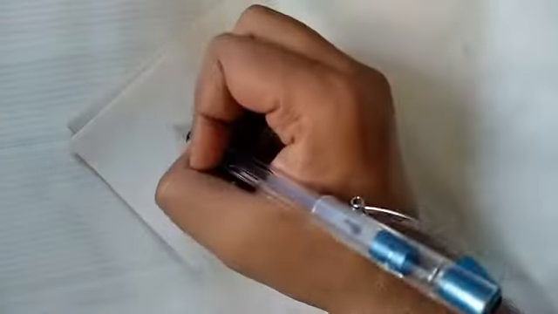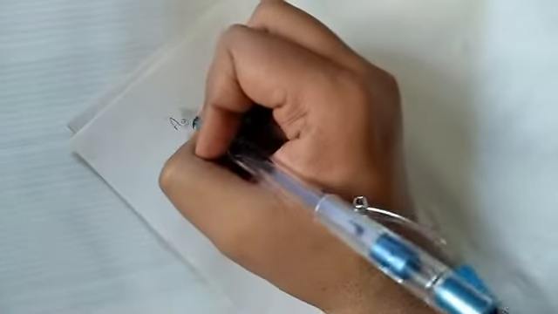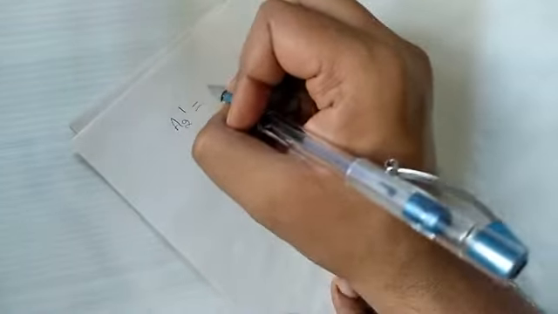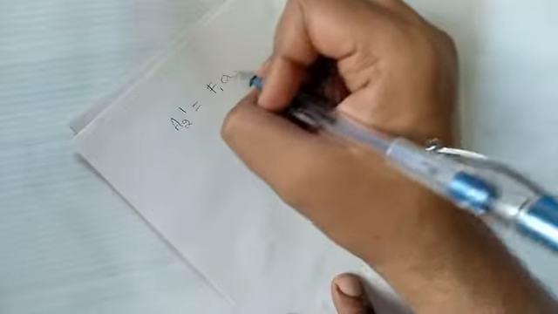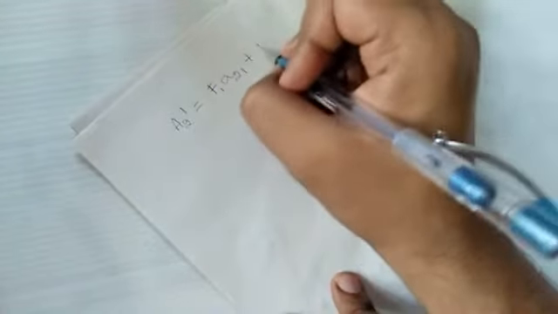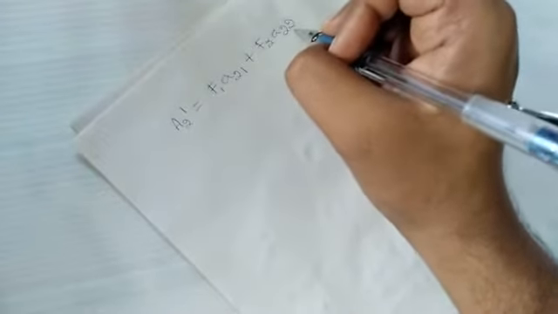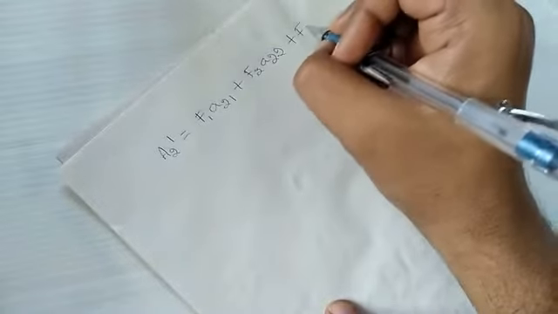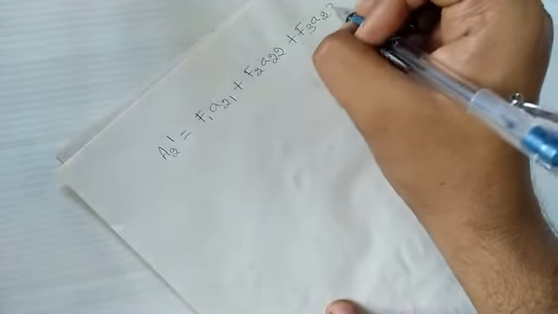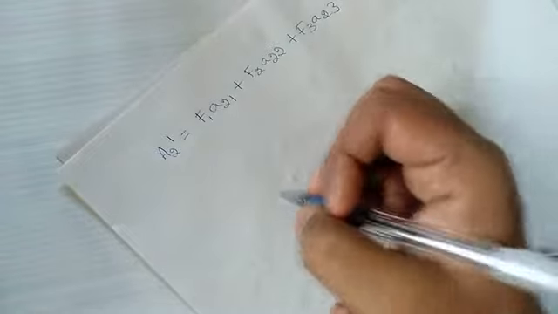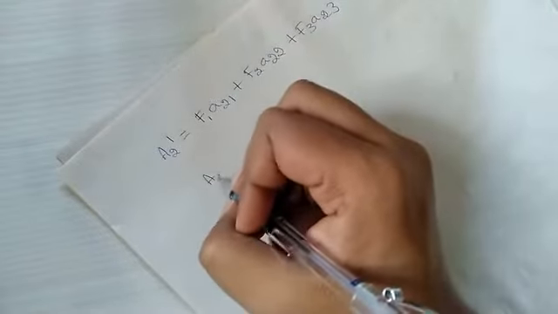Similarly, we will find what A2 dash is. A2 dash is equal to F1 A21 plus F2 A22 plus F3 A23.